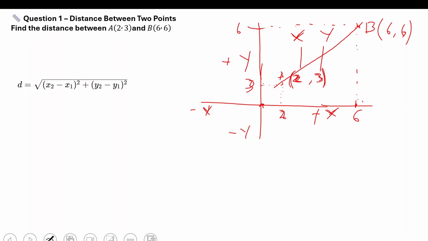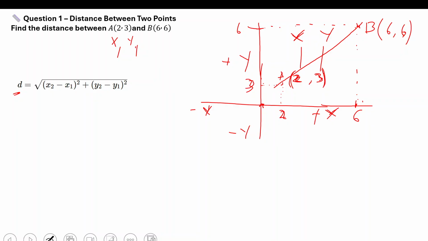So the formula is giving us distance D is equal to the square root of (x2 minus x1) all squared plus (y2 minus y1) all squared. Okay, so the first thing we'll do is to identify what is x1, what is x2. This first one is x1 and y1.